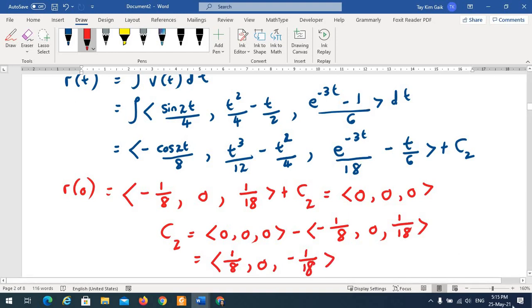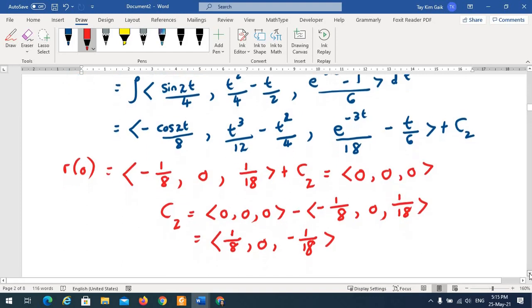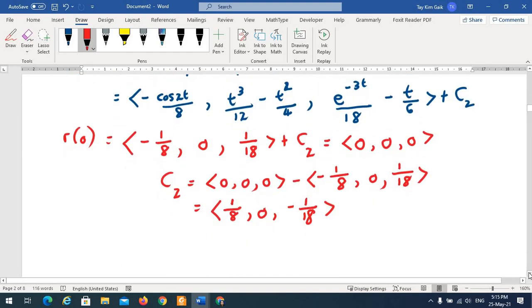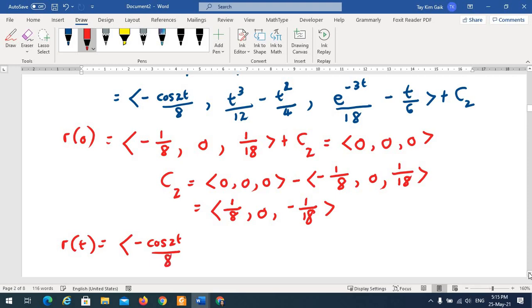And then to get the r(t), add up with the vector C2. So r(t) is component i, add up with component i from C2. So r(t) is negative cos 2t over 8, component i, plus 1 over 8.